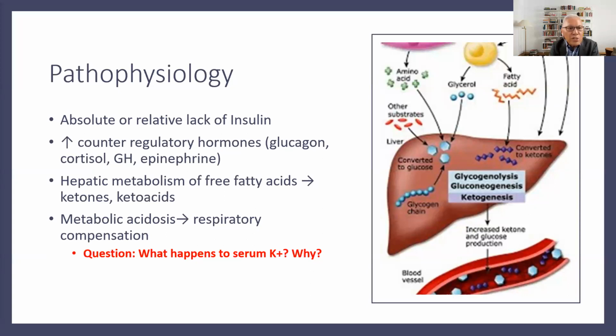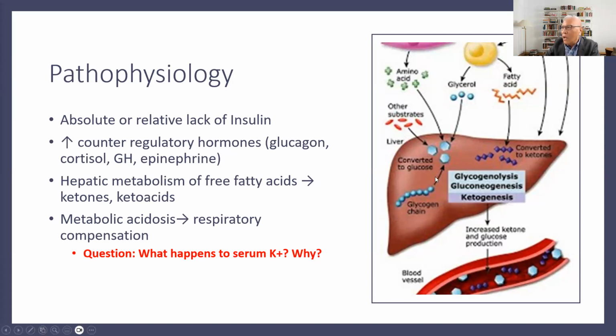Metabolic acidosis occurs, and when metabolic acidosis occurs, it results in respiratory compensation. And this respiratory compensation is actually the one that causes the classic respiratory pattern of patients with diabetic ketoacidosis. And that is what is known as Kussmaul's respirations.